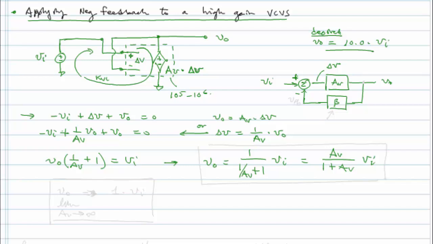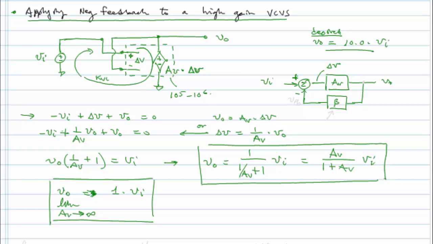So VO, in the limit that AV goes to infinity, will tend toward, or in the limit it will equal, 1 times VI. Okay, so I have this relationship here for any AV, and I have this relationship in the limit that AV goes to infinity.